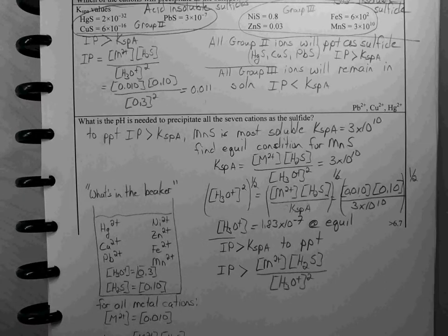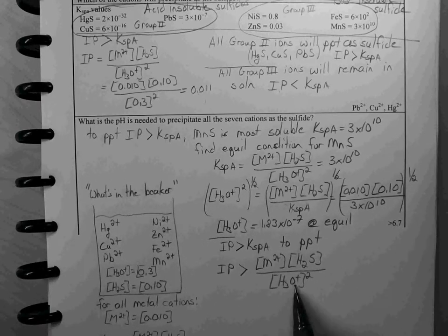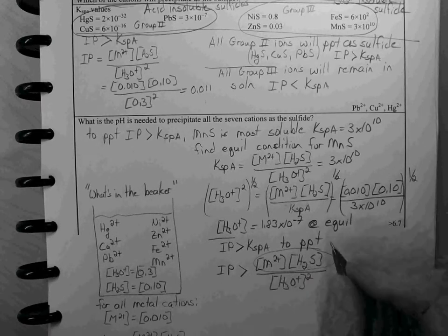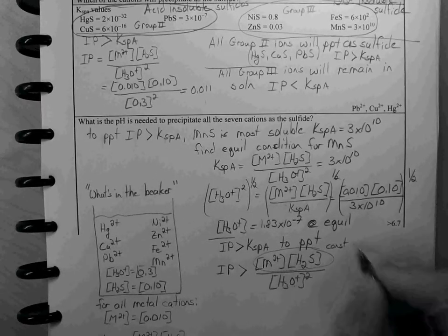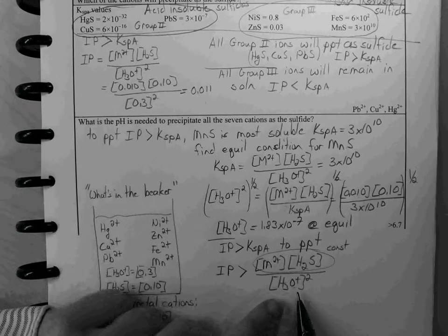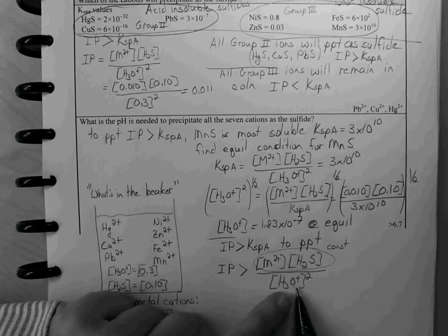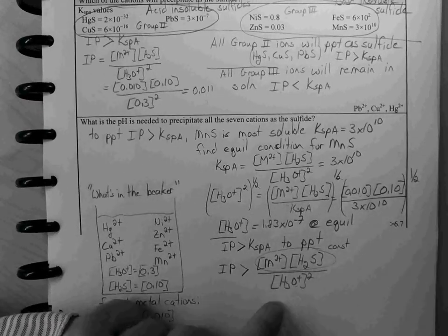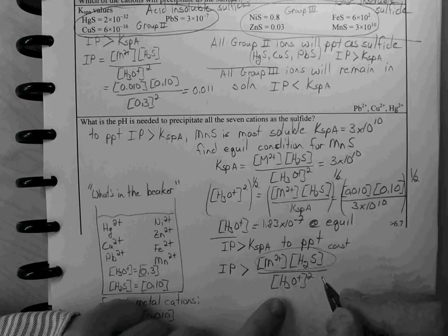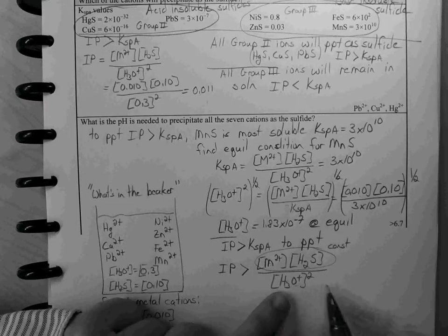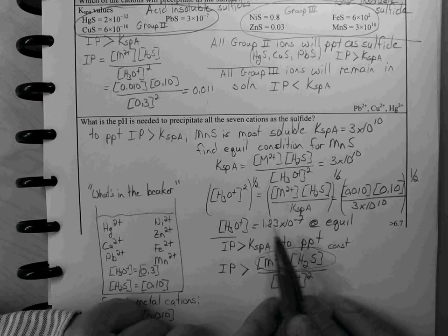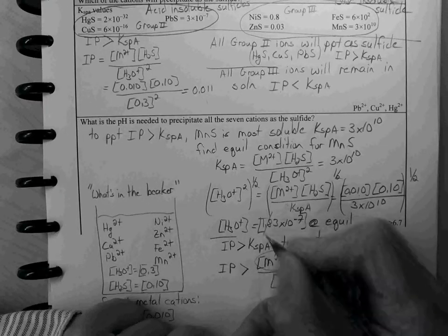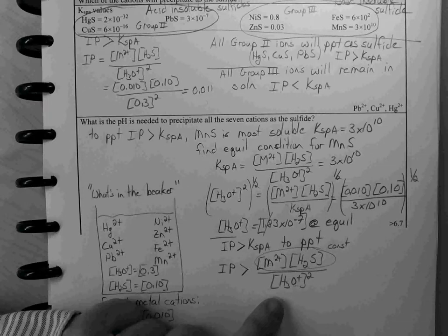Now, for this to be true, what has to be true about the H3O+ ion concentration? Now, these values are set. These are constant. They're not going to change. We found that IP is going to be equal to KSPA when H3O+ ion concentration is equal to this value here, 1.8 times 10 to the minus 7. By the way, we can only have one sig fig there.